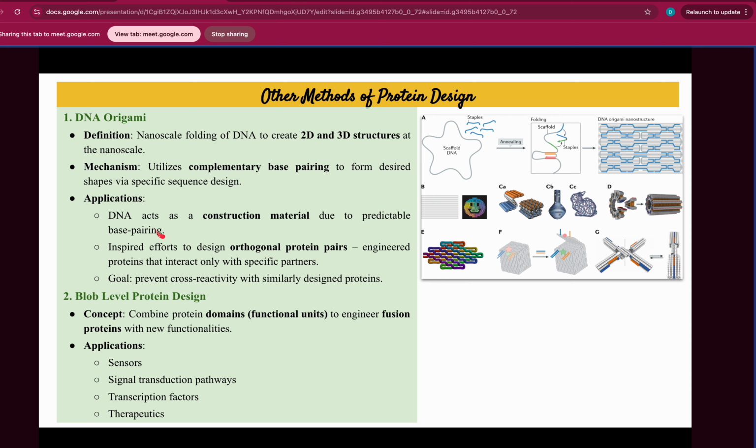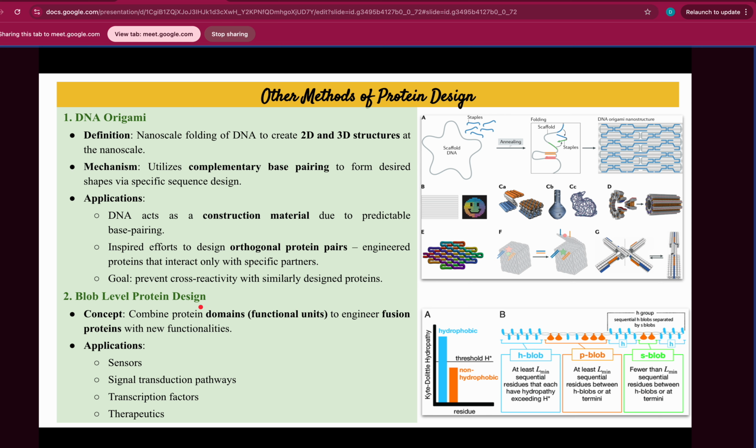So from DNA origami, scientists were inspired and generated the orthogonal protein pairs. Then next is blob level protein design, in which we combine protein domains from different proteins and make a fusion protein. A fusion protein has domains from different other proteins, and each domain has some function. So the protein which we have now designed will include the functionality of these different domains.